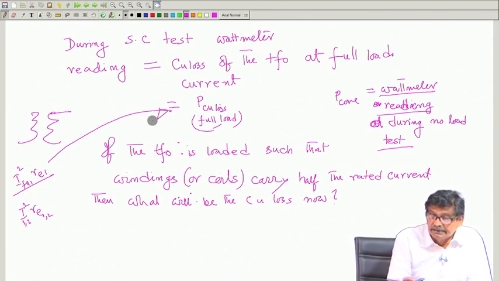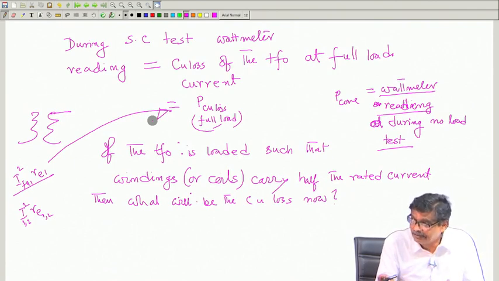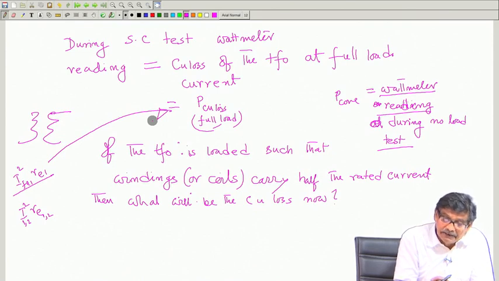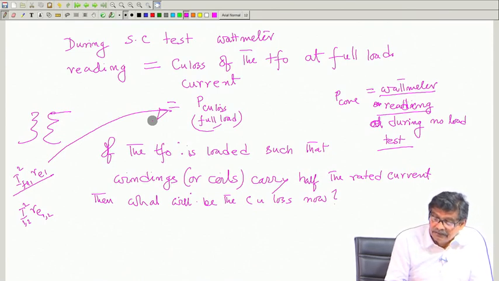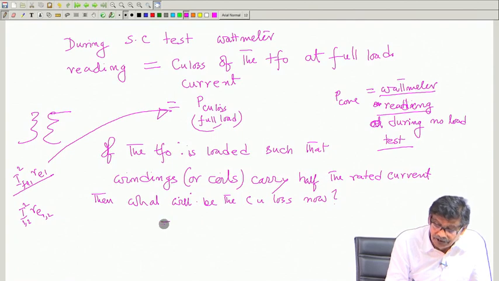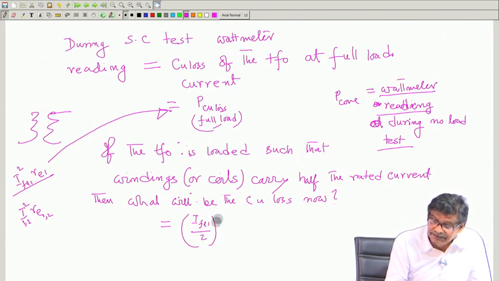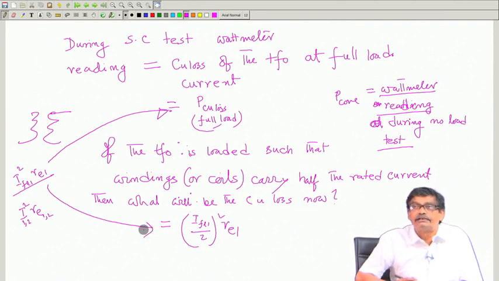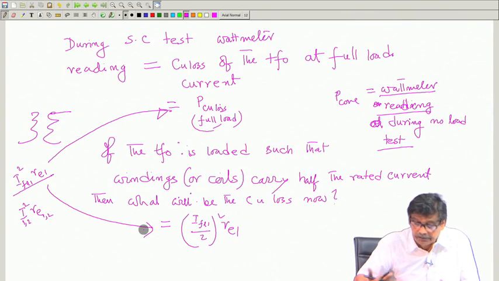Now, I am saying that the winding current is made half. So, what will be the copper loss now? Copper loss now should be (I_FL1 by 2) whole squared into R_E1, is it not? If you connect such an impedance on the secondary side that the coils carry half the rated current, R_E1 remains the same.